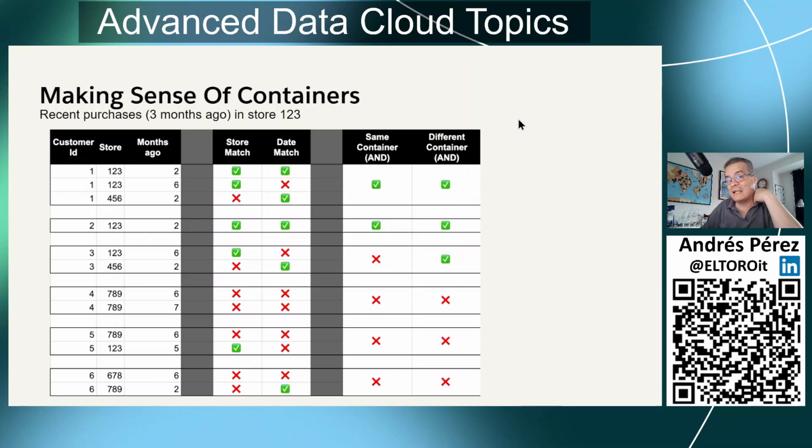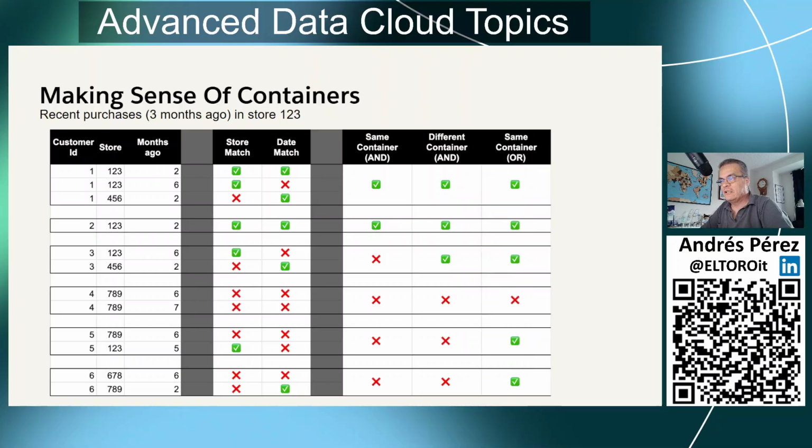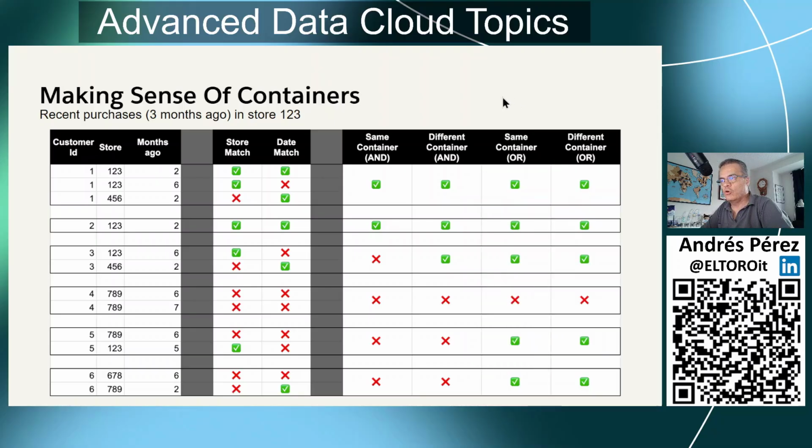Many times students have asked me, oh, that's because you're doing an AND and not an OR. Well, let's take a look at what happens if I do same or different container with an OR. So before we had ANDs, and now we have ORs.